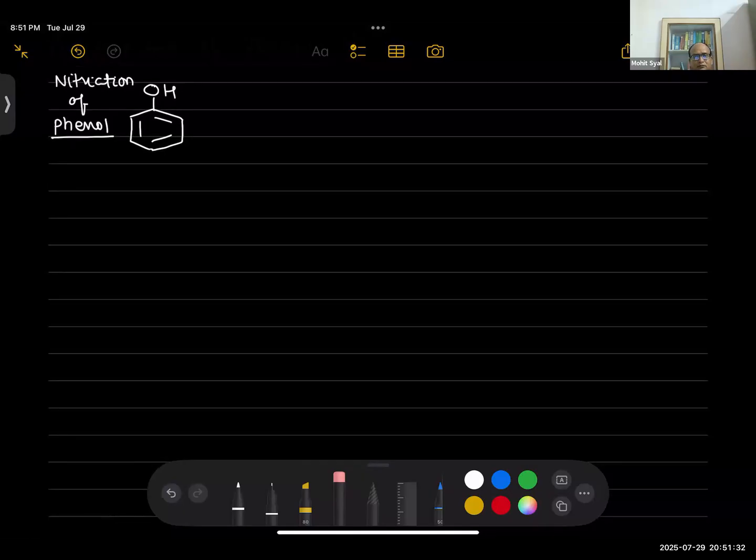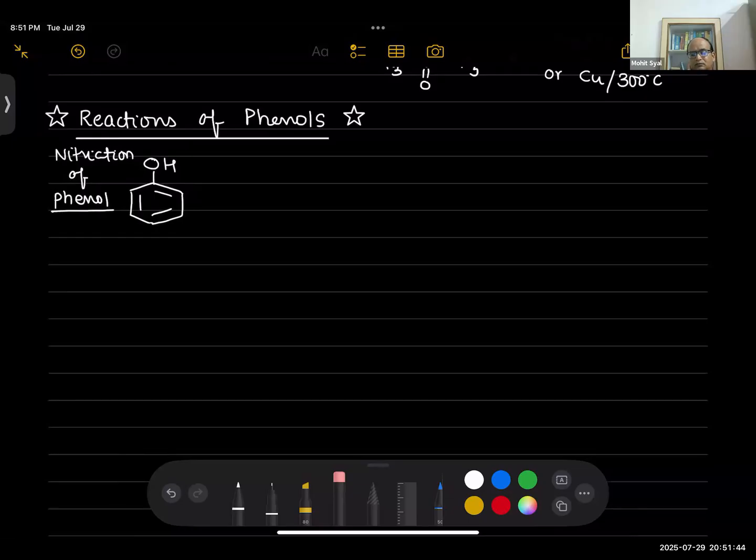Attachment of NO2, right, is known as nitration. What are you going to take for NO2? Nitric acid. Is it clear? Dilute nitric acid are we going to take?